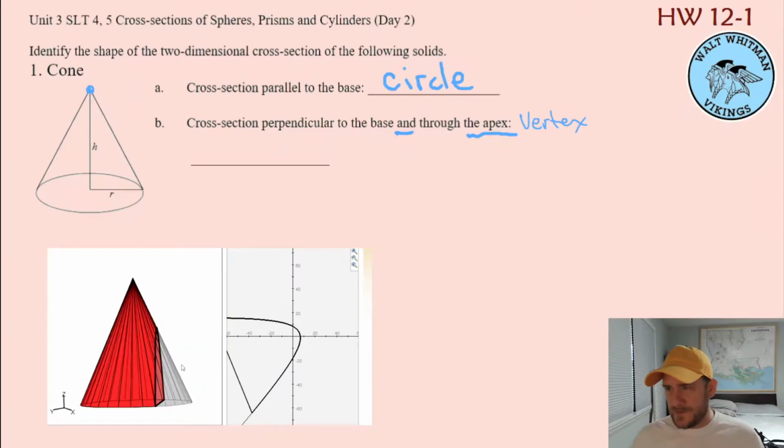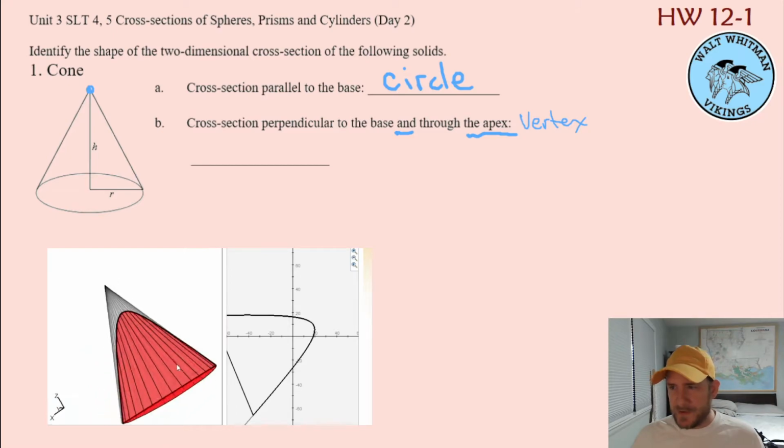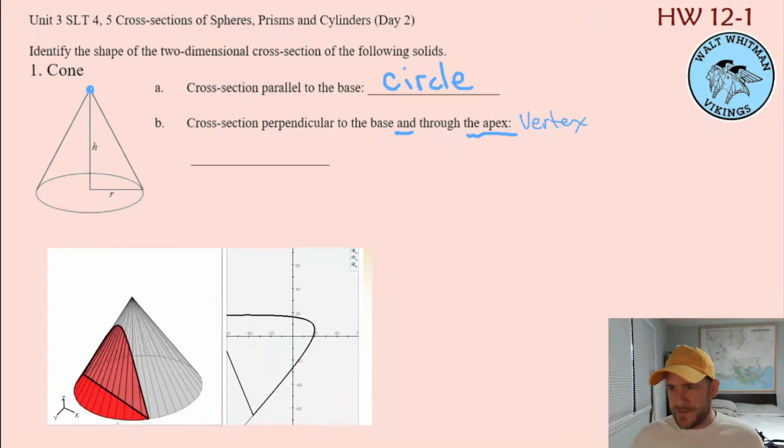That's close. I wouldn't say it's quite perpendicular. Let me keep tilting this a smidge. Whoa, whoa. I guess that is perpendicular. So that's meant to be perpendicular right there.